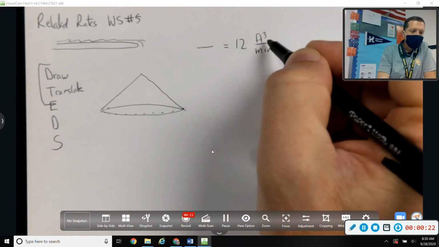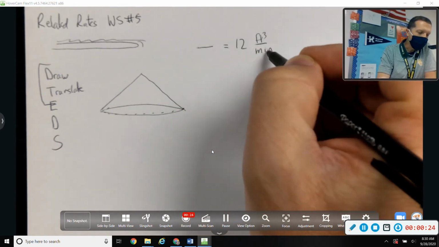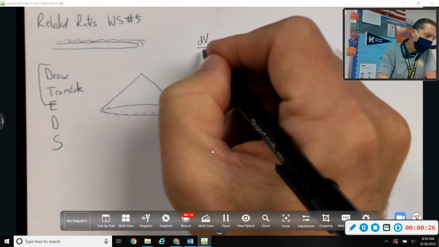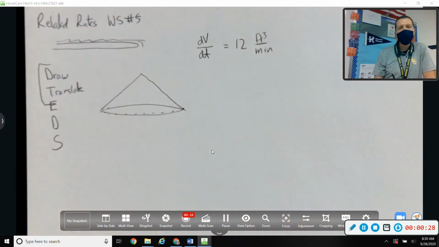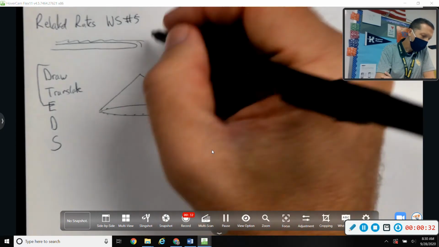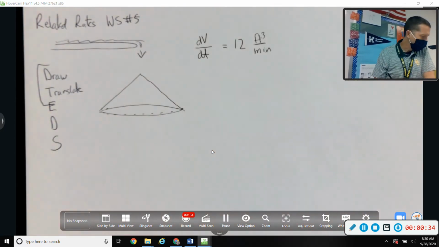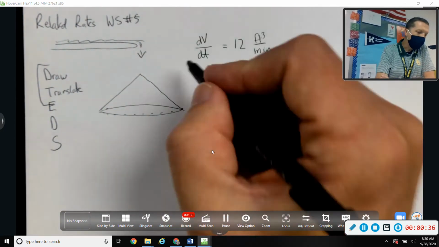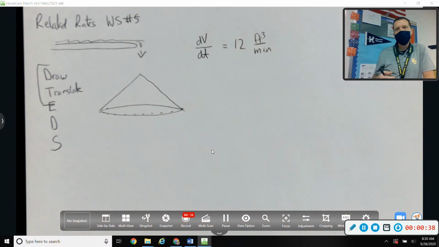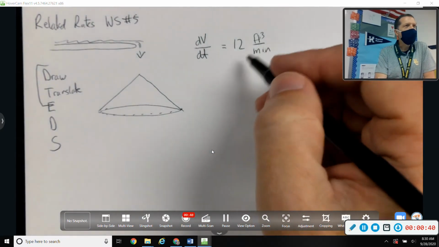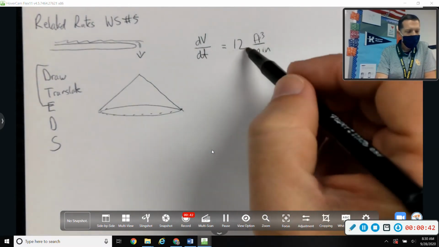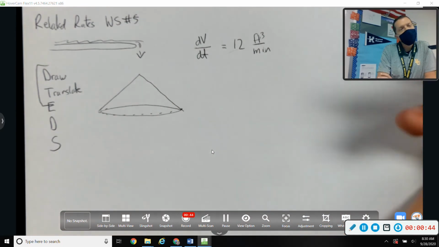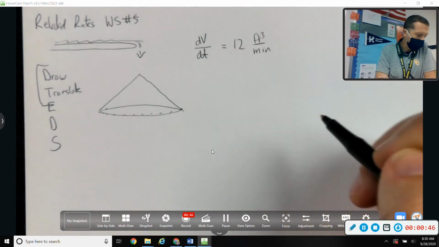We have volume over time, so that's how the volume is changing. So dV/dt, 12 feet cubed per minute. That's as the sand is being added. It's positive because we're adding sand to the pile. Again, if you don't think about positives and negatives, if it's positive, you'll be fine, but if something was decreasing, then you better make sure it's negative.